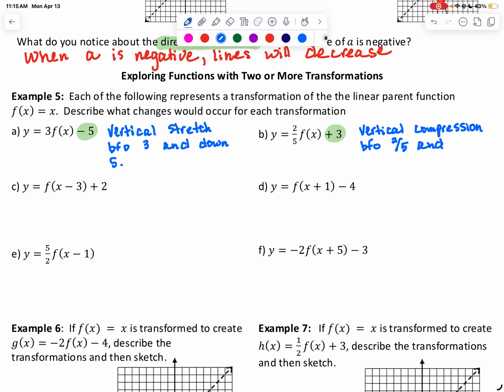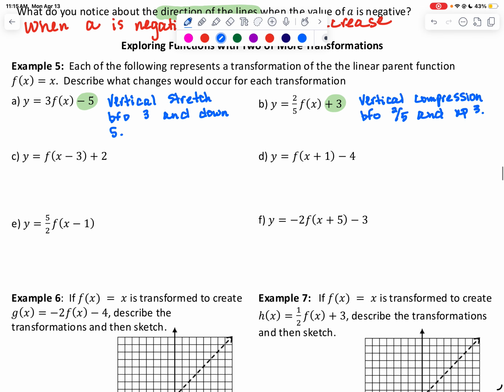So this time we'll be moving up 3. Vertical compression by a factor of 2/5 and up 3. So the line will be flatter and it'll be translated up 3.